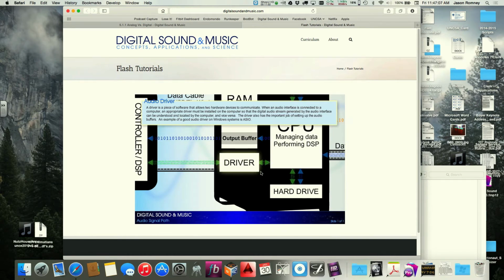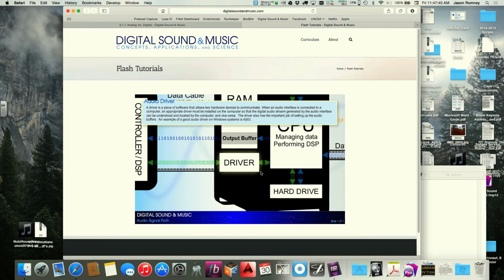There's lots of different ways to go about this, but in most cases, rather than requiring each manufacturer of an interface to figure out exactly how to get their interface to talk directly to the computer, the manufacturer of the operating system, whether this is Microsoft with Windows or Apple with Mac OS 10 or even Linux to a certain extent, whoever's running that operating system will create an audio engine for that operating system.